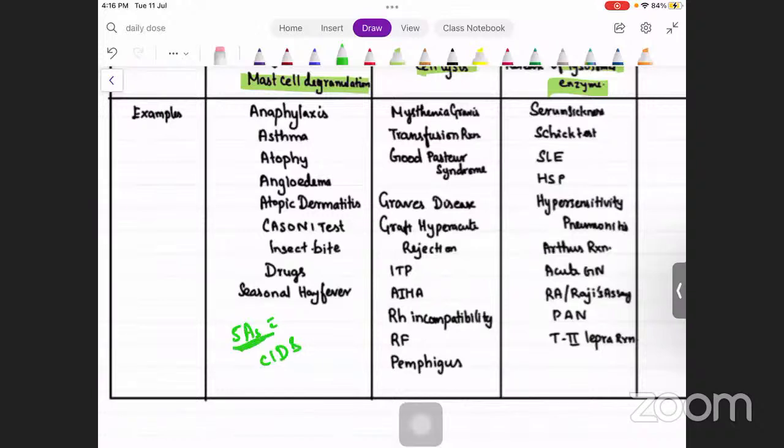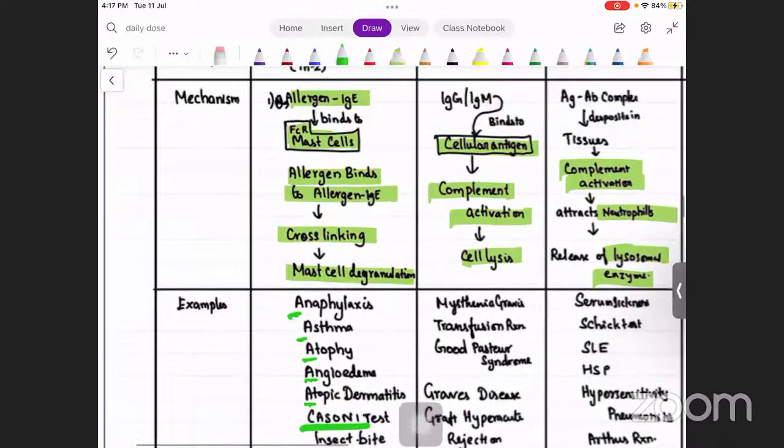The 5 A's are anaphylaxis, asthma, atopy, angioedema, and atopic dermatitis, while CIDS are Casoni test, insect bite, drugs, and seasonal hay fever. Okay, the 5 A's with the CIDS are the classical examples of type 1, which is mediated by IgE.